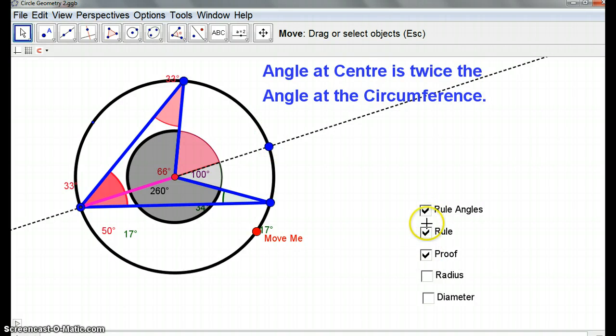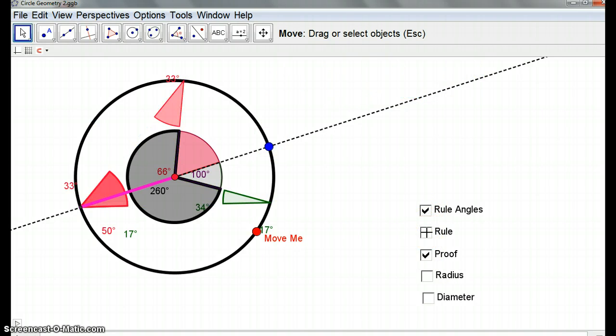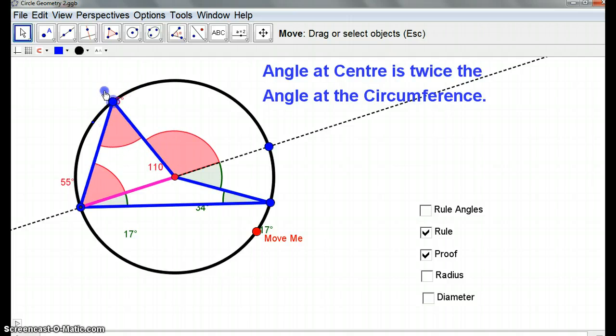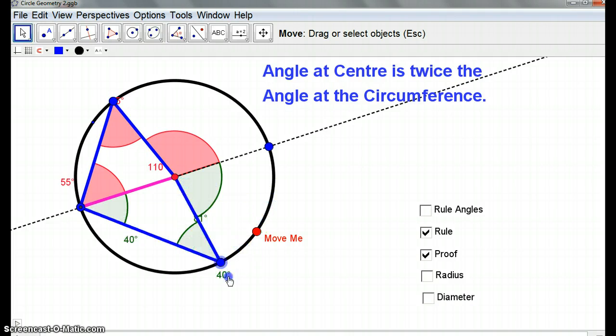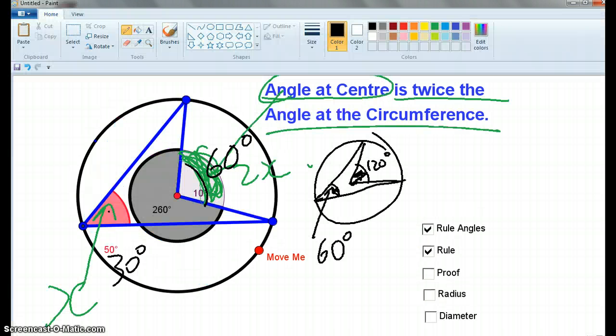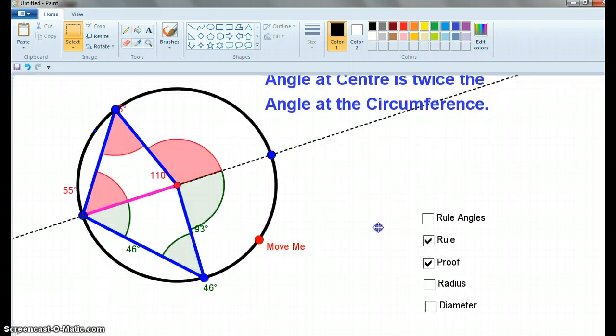Okay, so what's my proof? Now this gets a bit tricky. My proof is easier when I can draw all over it. What I'm saying here, if I put an extra line in there, that and that and that are what?